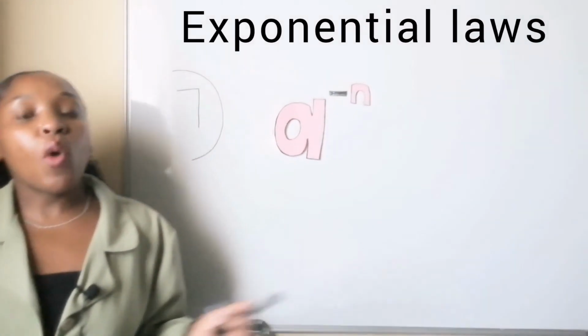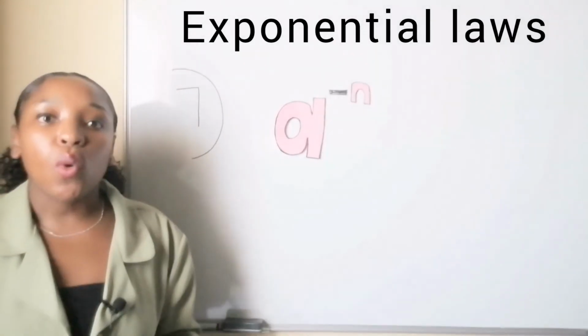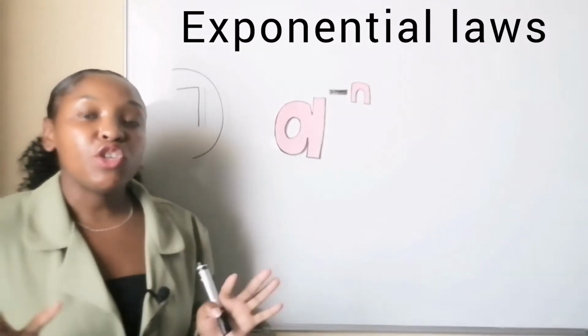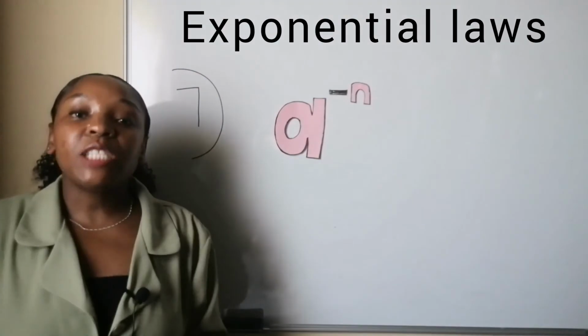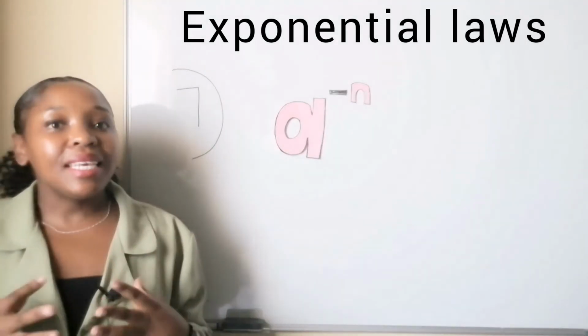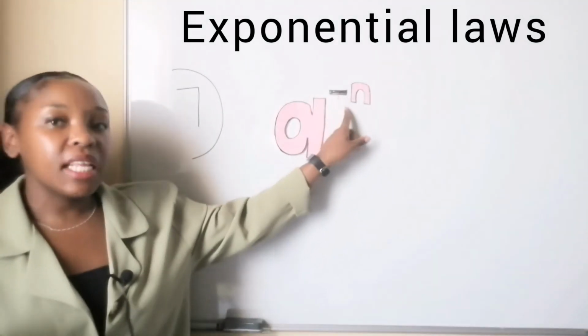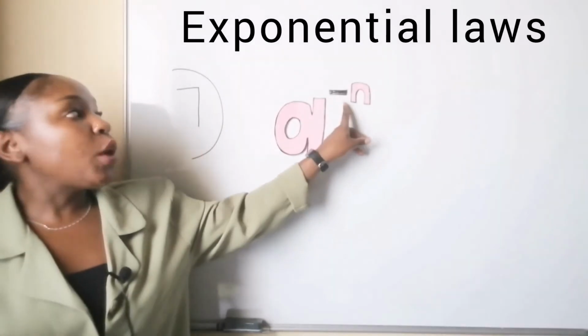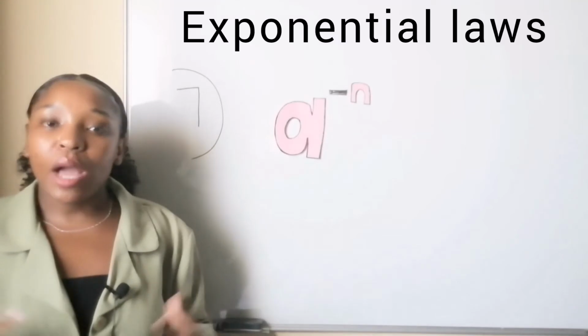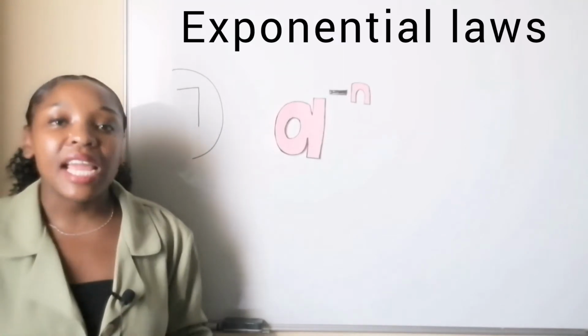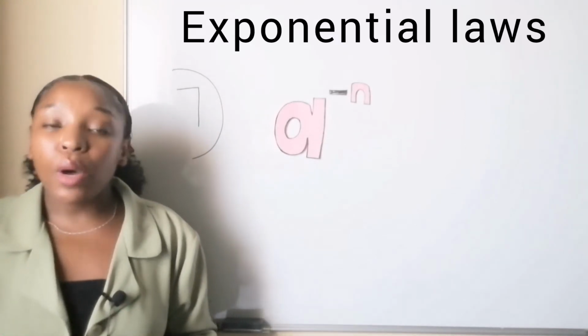All right, so I'll call this the seventh exponential law that you guys also need to remember when working with exponents. With the seventh exponential law, what we can see here is that we've got a negative exponent. So when we have a negative exponent, what do we do? How can we simplify that to help us answer our questions?